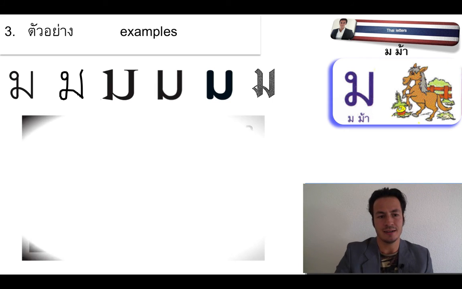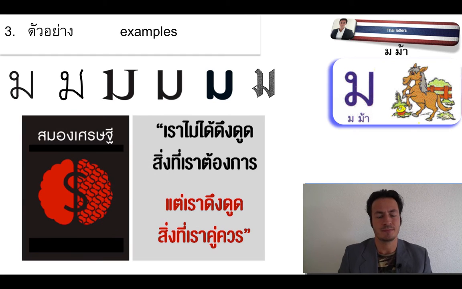Let's have a look at an excerpt right here. We have two sides of this picture, the black one to the left and the gray background one to the right. On the left, in the word samong, we have a ma ma right there. And on the right-hand side, we have another ma ma in the word mai.